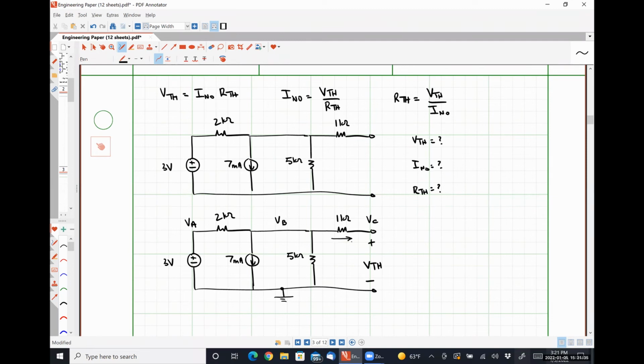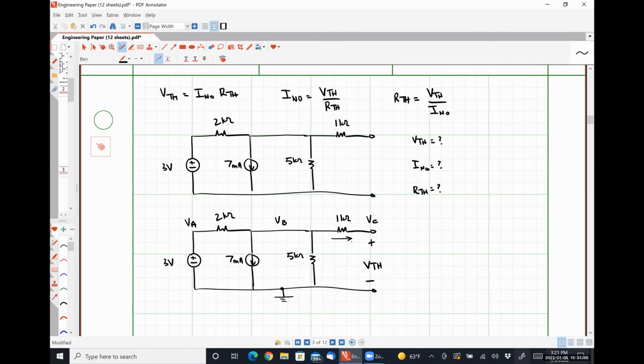Is the 1 kilo ohm resistor part of a closed current carrying path? No, because there's an open circuit connected on one line. So what's the current flowing through it? So what's the voltage drop over it?